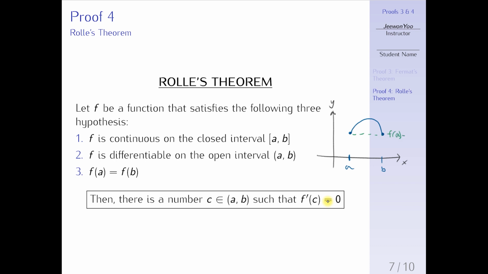So f of a equals f of b. In this case, what the theorem says is that there is a number c in between a and b right here, such that the slope of the tangent line at that point is equal to 0. This is what we want to prove.